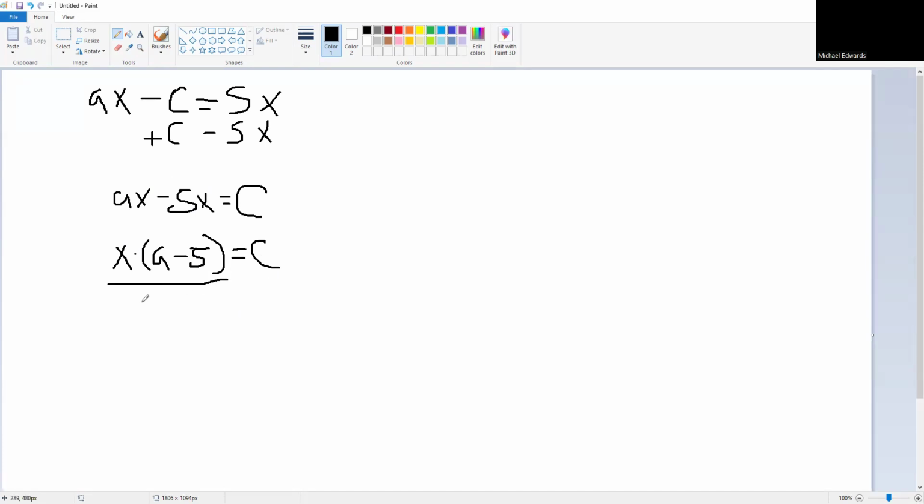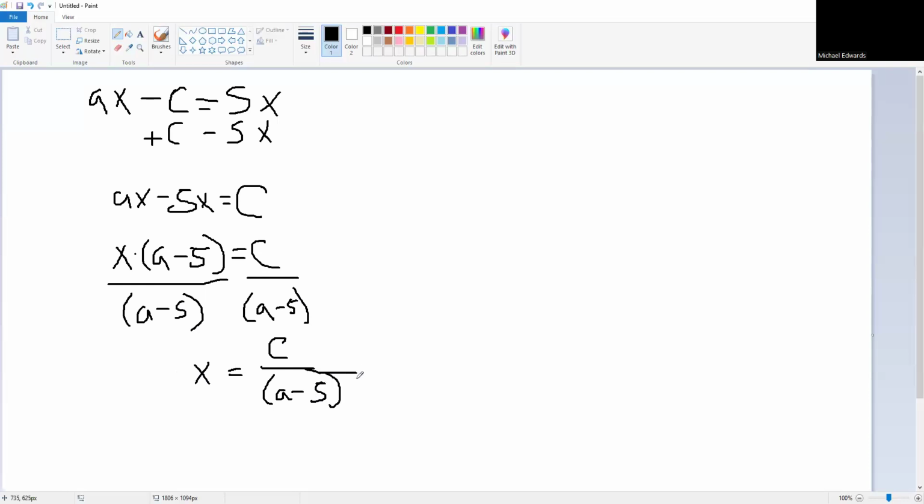To undo it, we do division, like A minus 5 on both sides. So all the same principles apply. You're just moving variables around. It's C over A minus 5. There, that's the answer. That's how you solve for X on those.